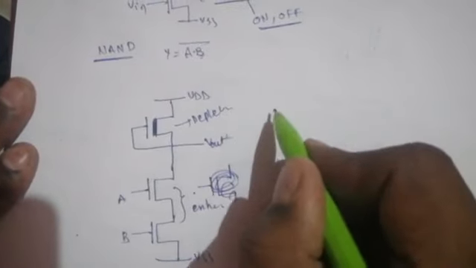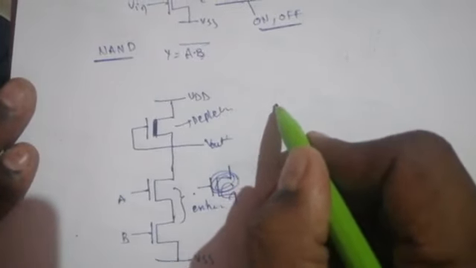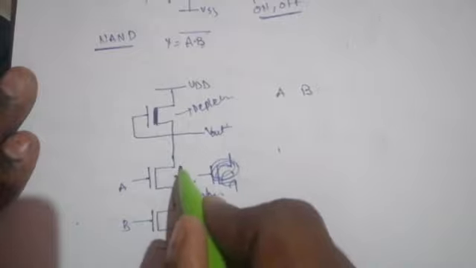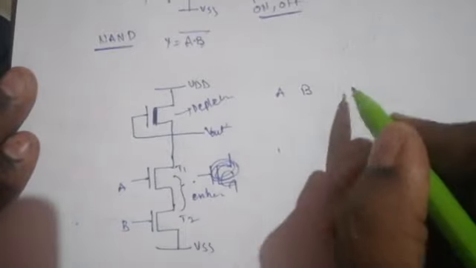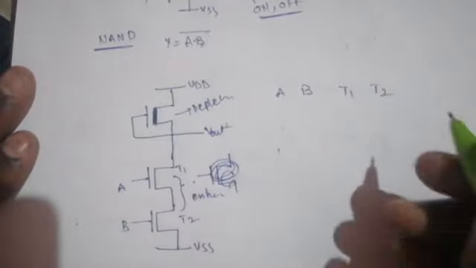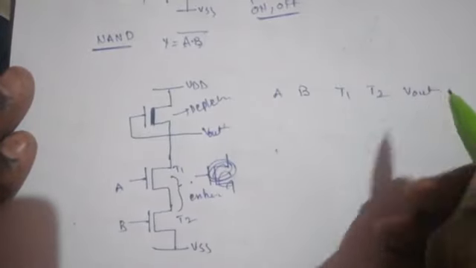So you can explain this with a functional table. If we take A and B as inputs, you can assign T1 and T2 as the transistors. We do not need to write the depletion mode MOSFET. Then you can write the output voltage.